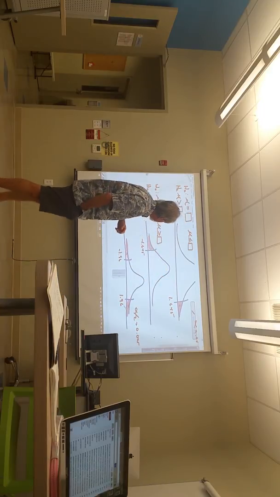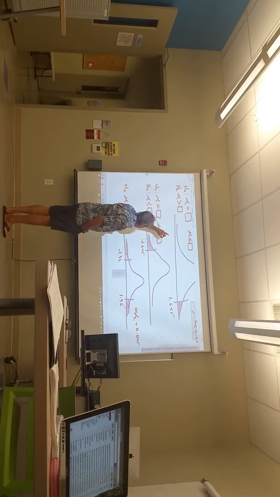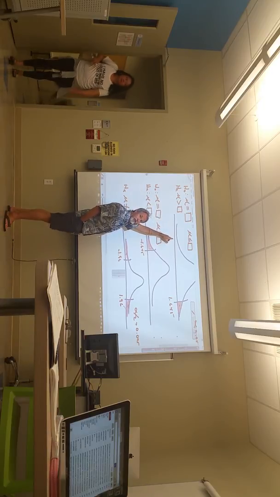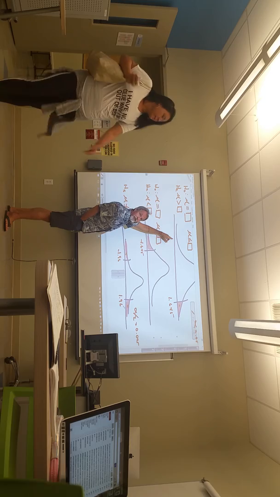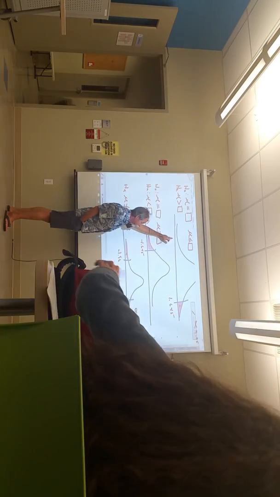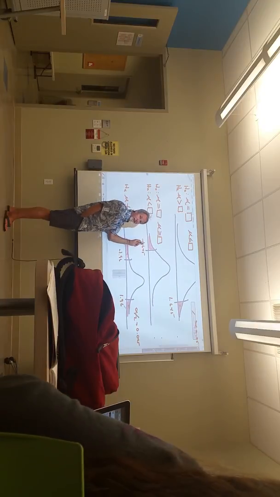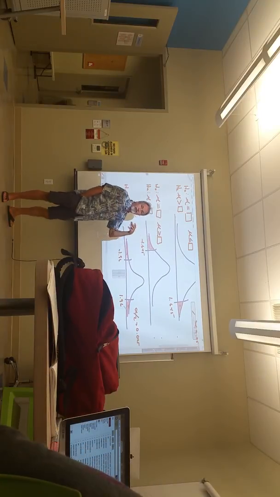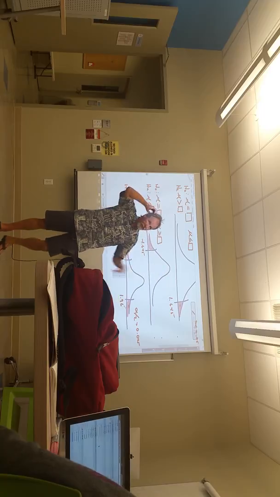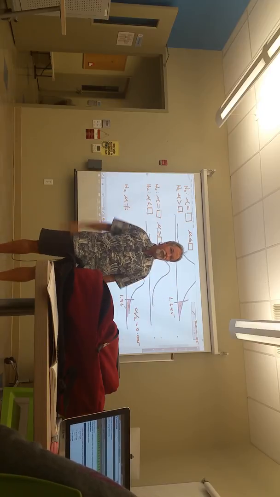If I calculated a negative 1.7, I'd be out here, wouldn't I? But that's still in the meat of my table, so I'm not going to reject it. It depends on where those values are falling.